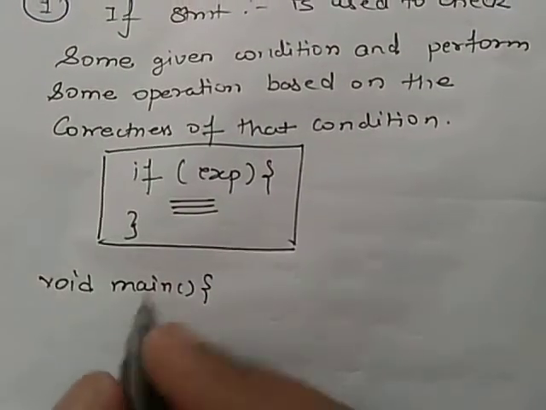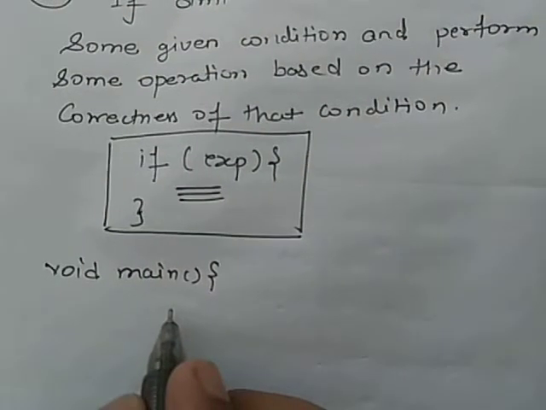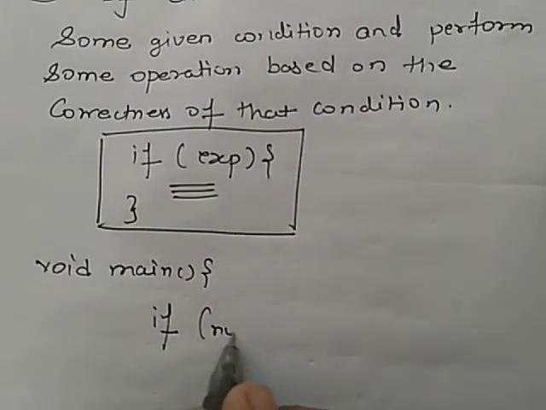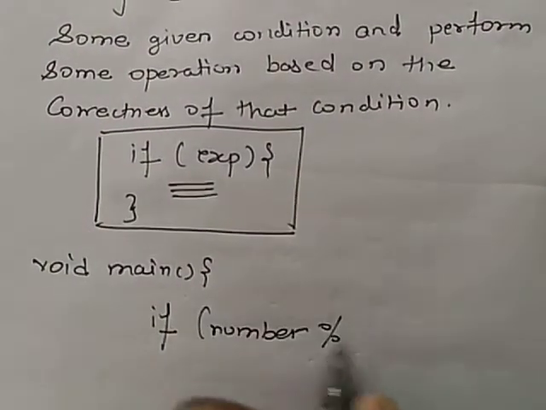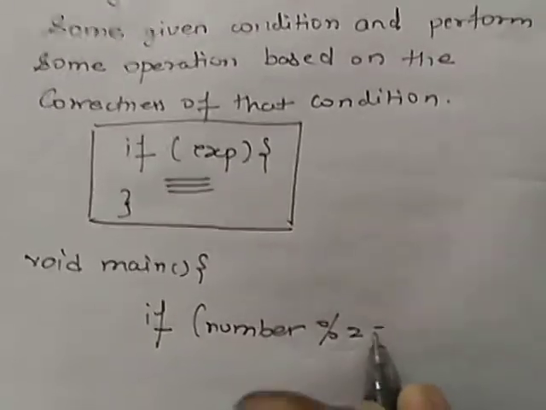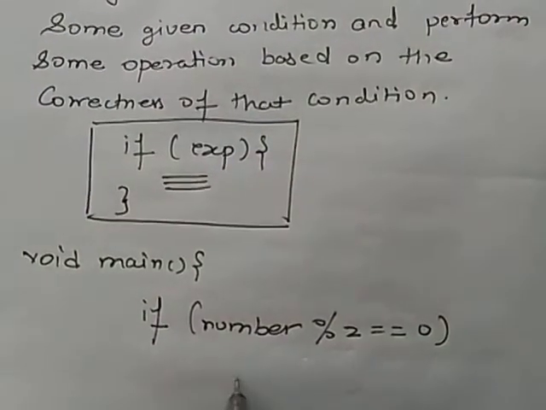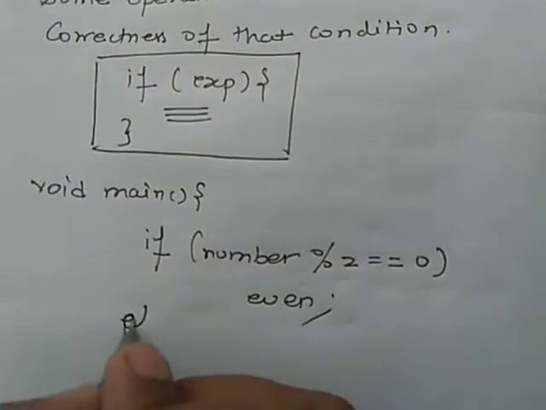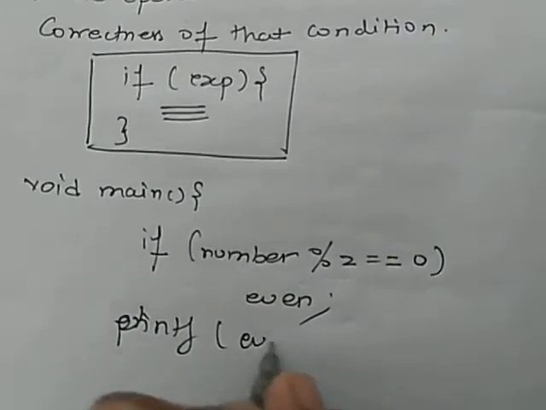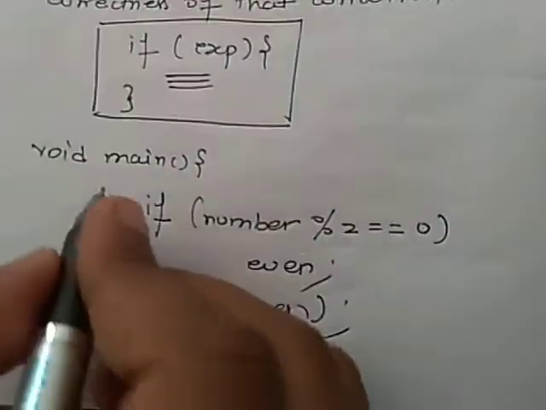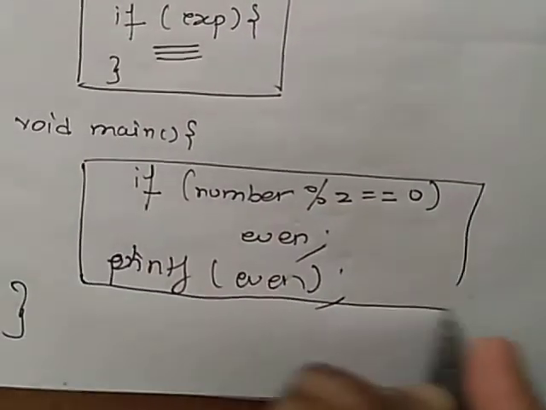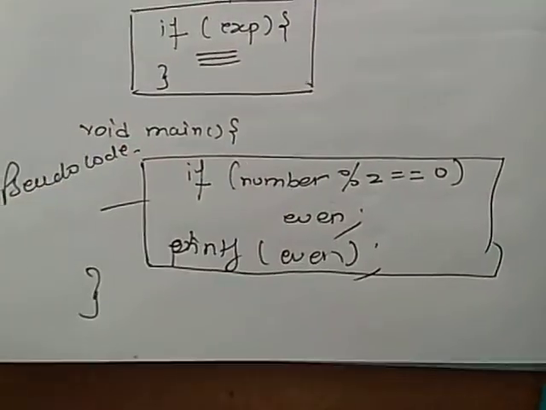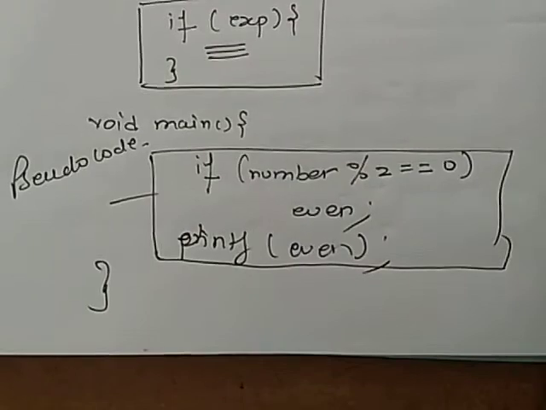Inside the main function, I am writing only the pseudo code, that is: if number modulus 2 equal to 0, then it is an even number, and after that you can print that even number. So this is only the pseudo code that I have written here. You can write the full program.